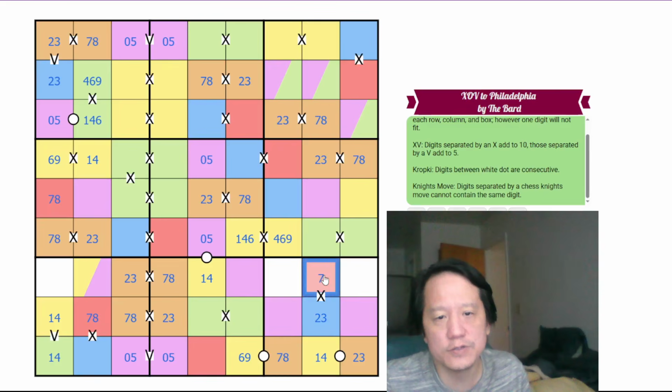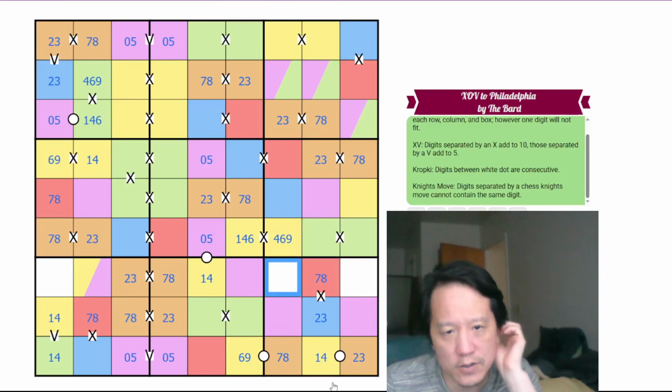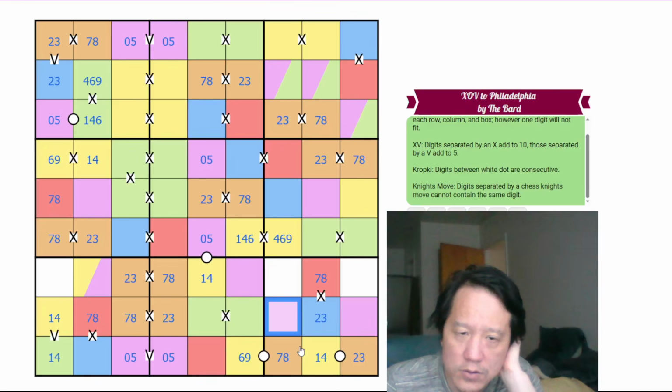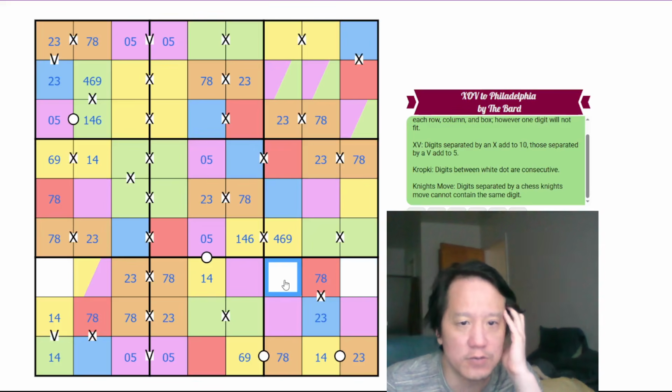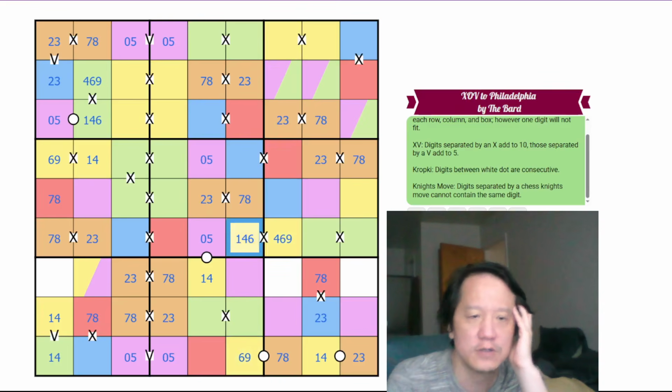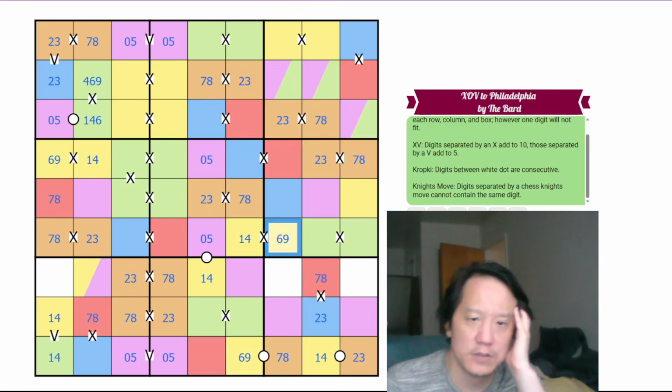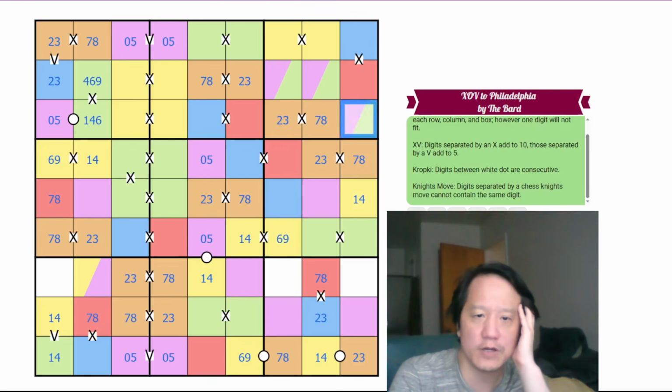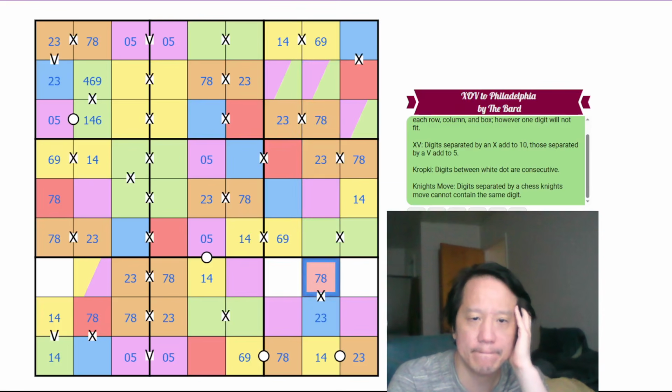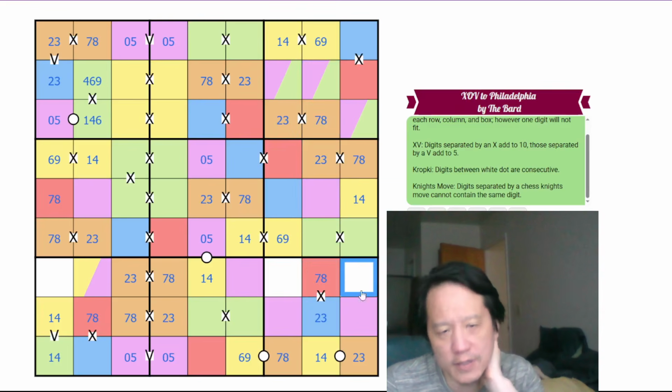We have 2, 3, 7, 8 there. So we have one green here, and then the other one is yellow. So this is 1 or 4. This one matches this one. So this is the 1 or 4 yellow. This is 1 or 4 yellow, 6, 9. This can't be yellow 6, 9.